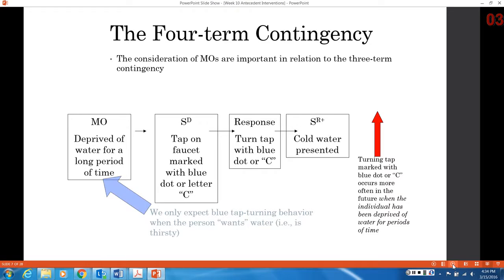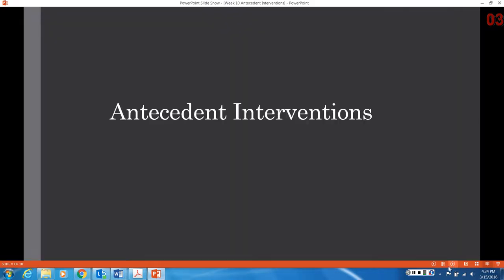We would expect that this tap-turning behavior occurs when the person wants water, i.e. is thirsty. Next, we will discuss how antecedent interventions manipulate motivating operations in order to produce meaningful changes in behavior.